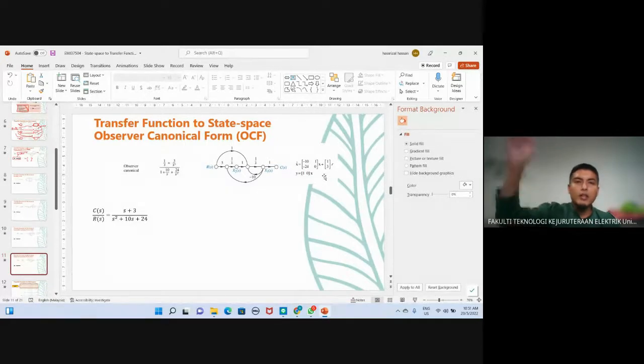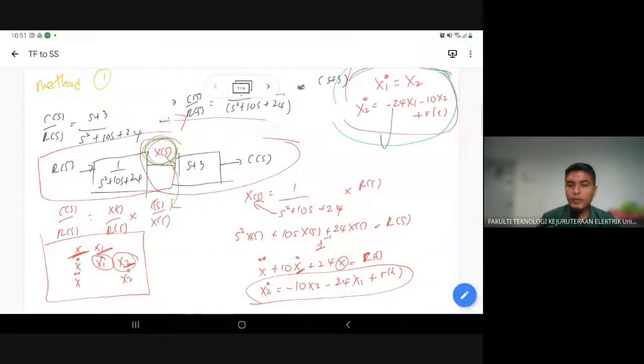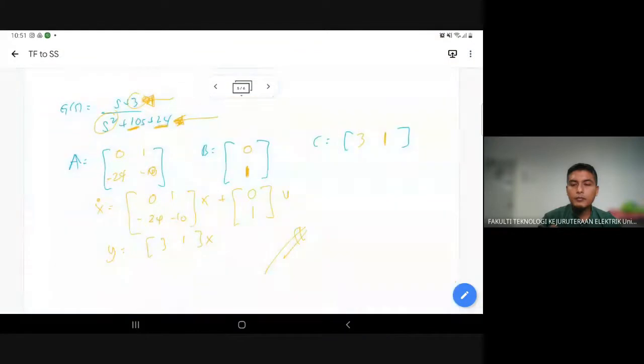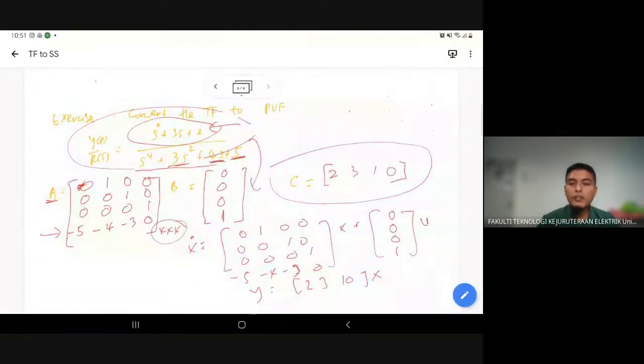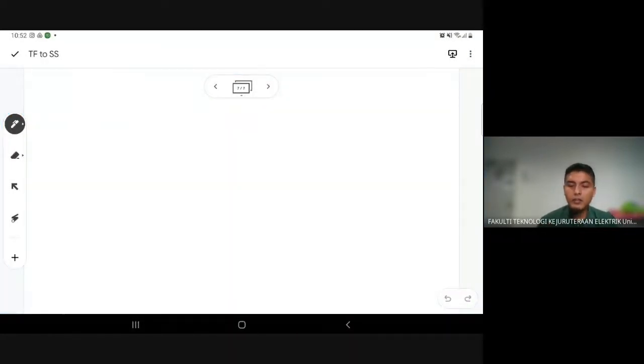Let's take the same transfer function, G(s) equals s plus 3 over s squared plus 10s plus 24.